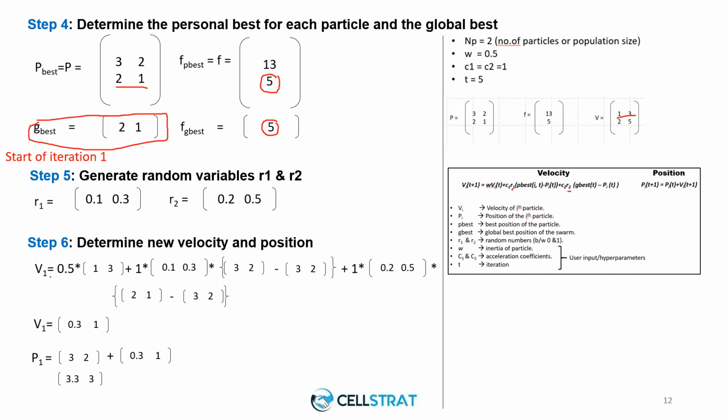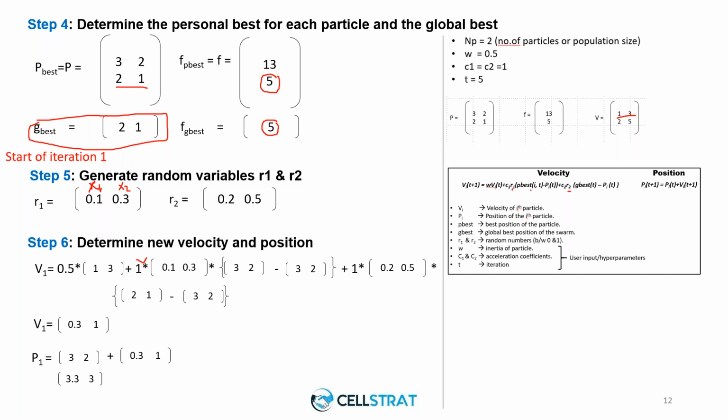We are doing this for the first particle, and c1 is equal to 1, c1 equal to c2, and then we take this random variable. Remember, the number of random variables depends on the dimension. So this is for x1 x2. If you have more than 2 dimensions, then you'll have another random number.